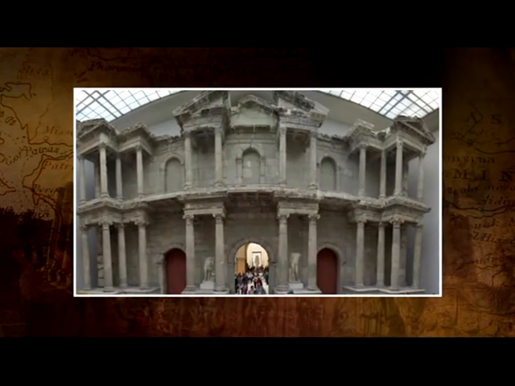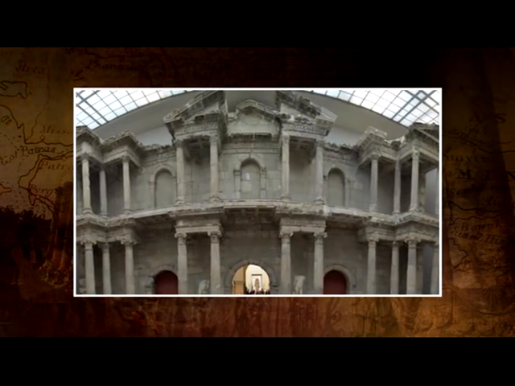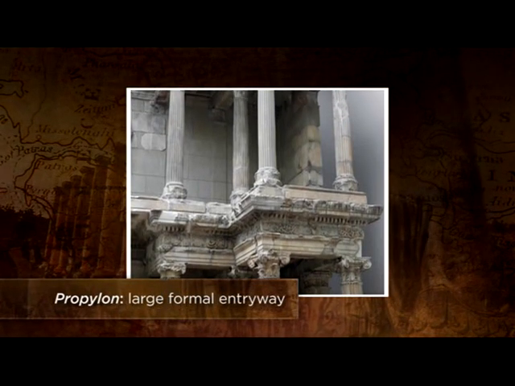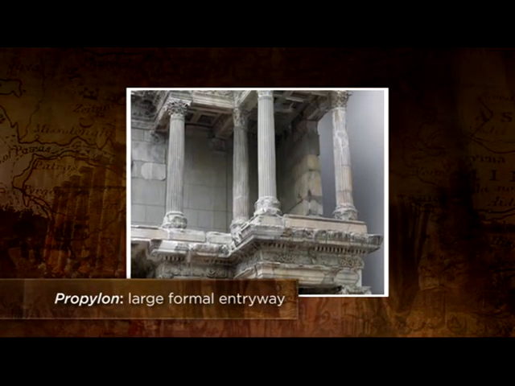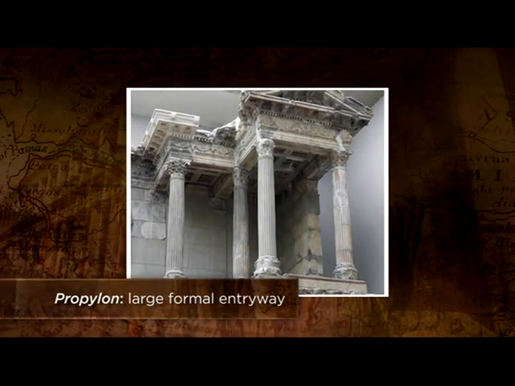Another element of city design that distinguished public areas was the grand formal entrance, a propylon in Greek, and that's a large formal entryway. This also developed in the Ionian region of eastern Greece at and around Miletus. It's probably inspired by the Near Eastern tradition of grand entryways.